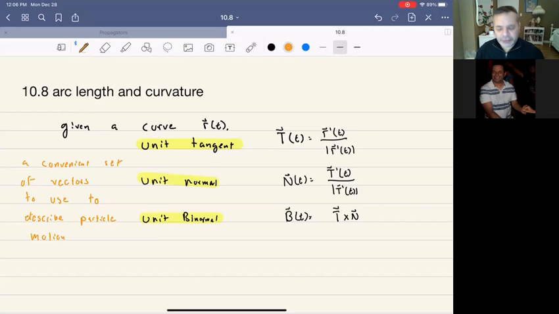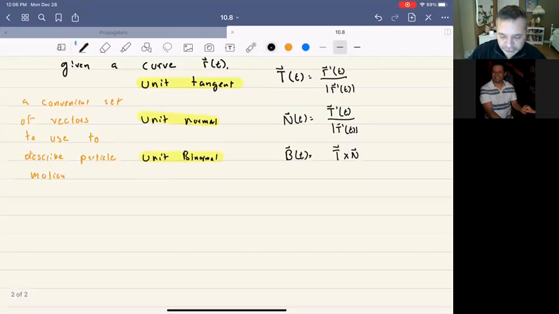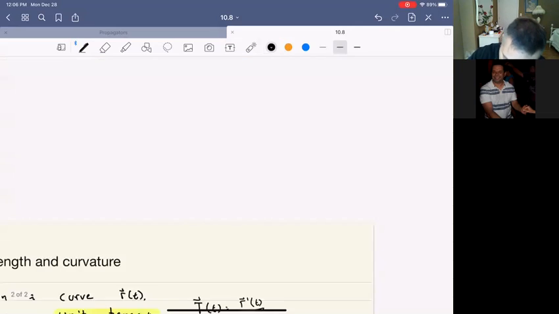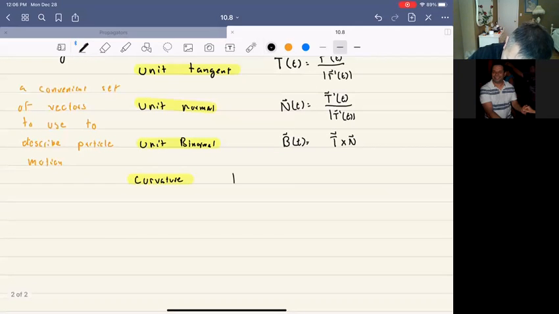Okay, we also have a couple other things. We have what's called the curvature. There's actually a bunch of different definitions. Let's go with first kappa of t being the magnitude of T prime of t divided by the magnitude of r prime of t.